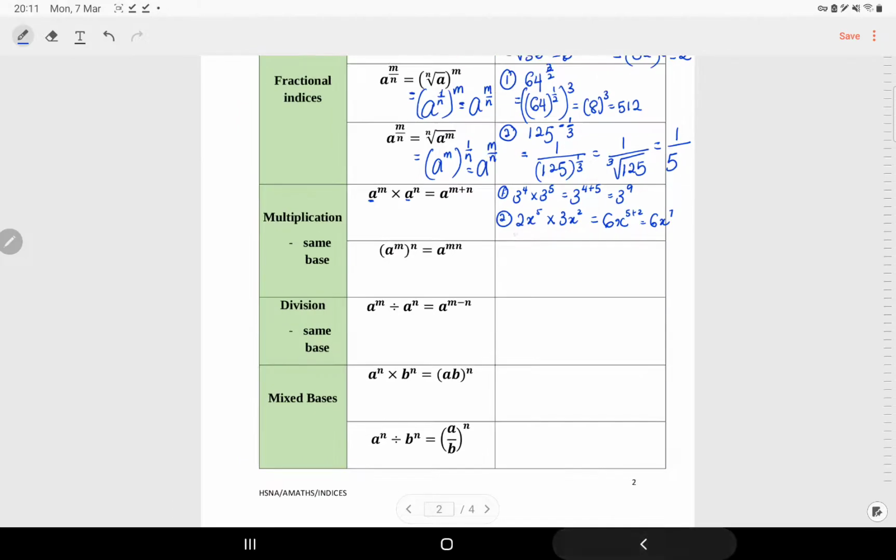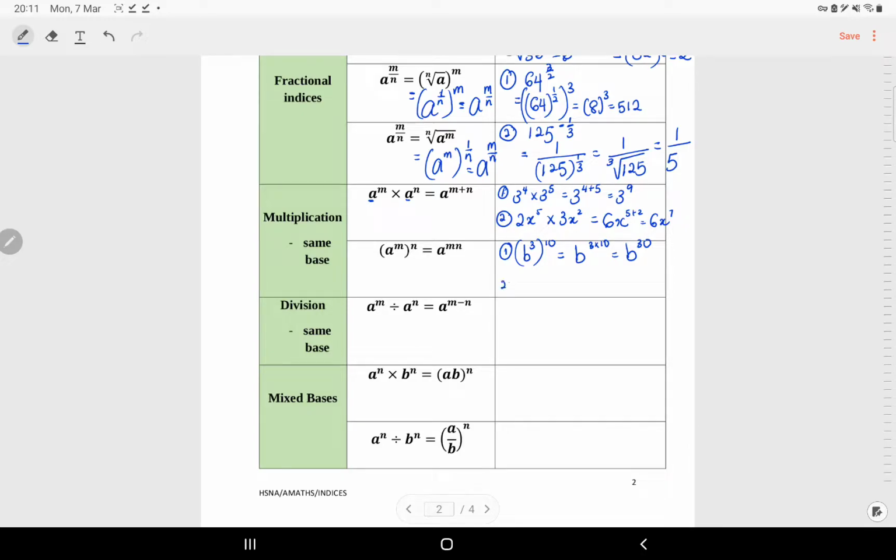So let's say, for example, you have b to the power 3, the whole thing to the power 10. You multiply the powers, 3 times 10, which is b to the power 30.